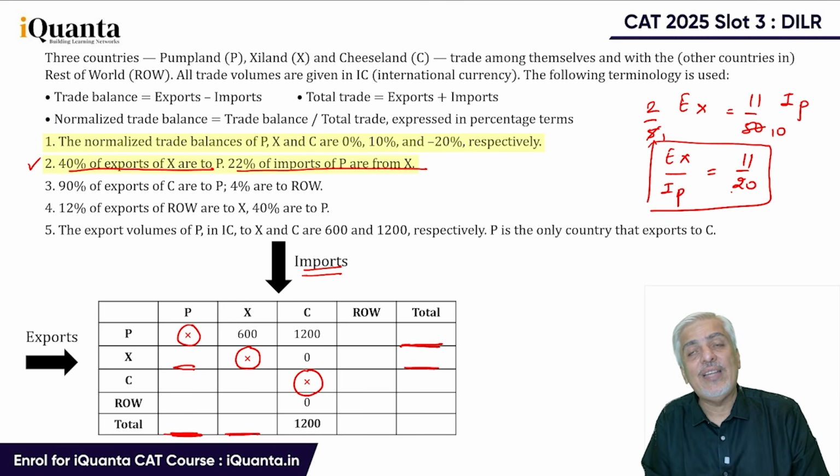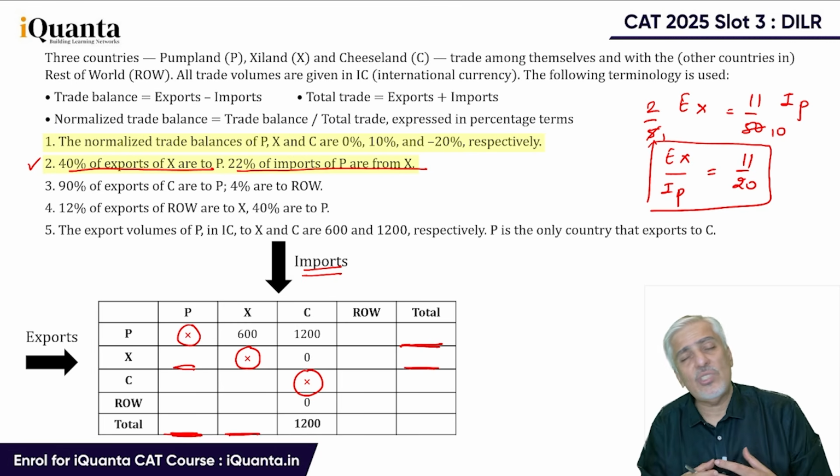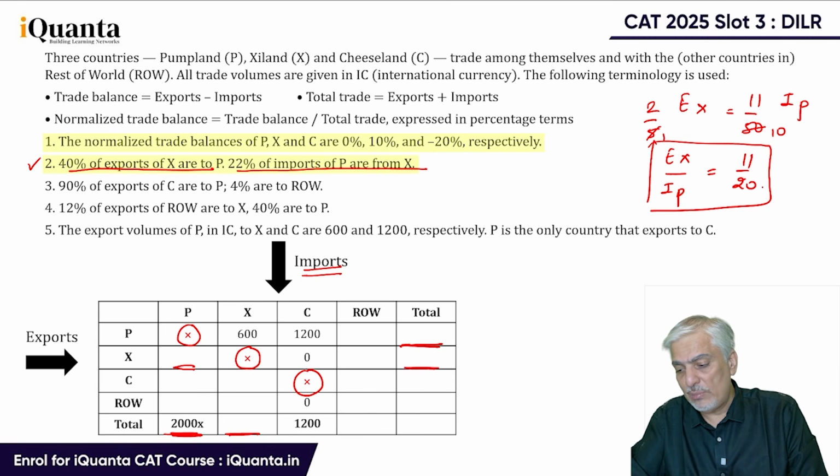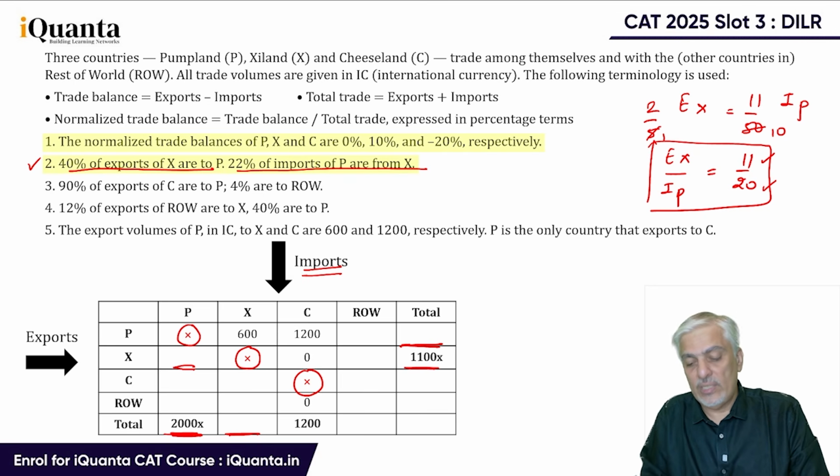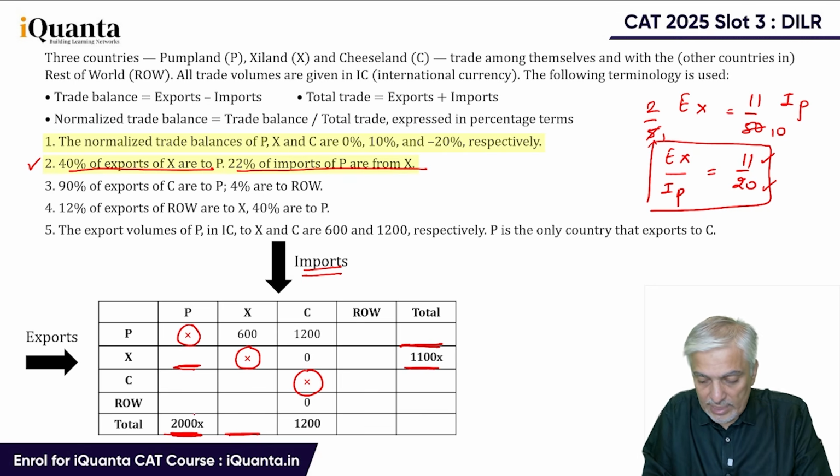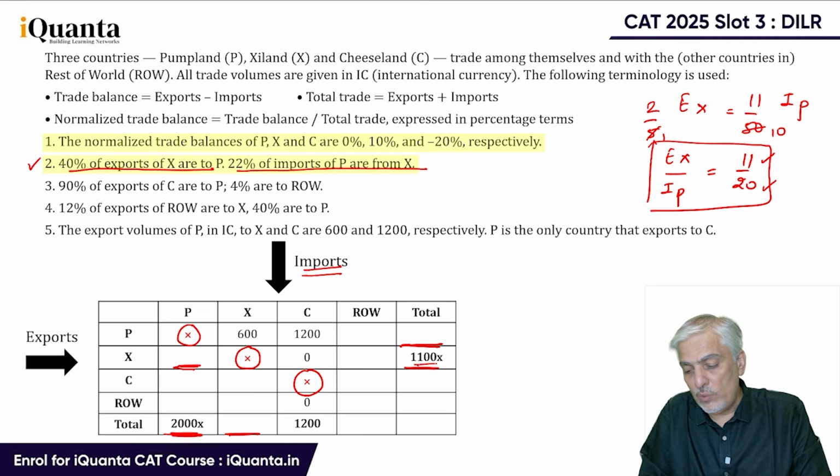Based on the way values are given, I decided to take, this was just a gut feeling, this as 2000x, a multiple of 20. So if this is 2000x, this will be 1100x. So that became exports of X, 1100x. Now this number is 40% of 1100x or 22% of 2000x.